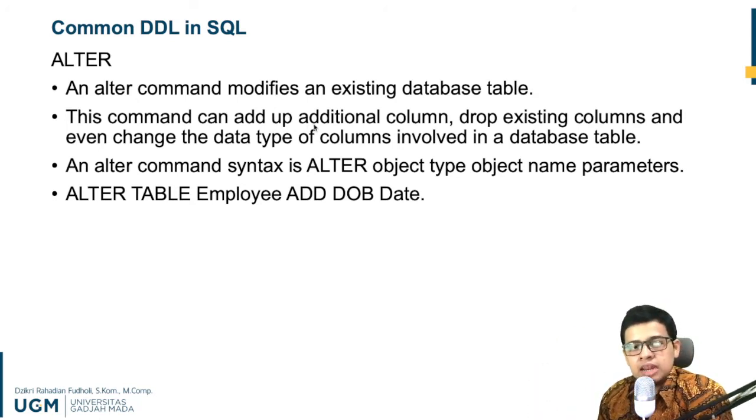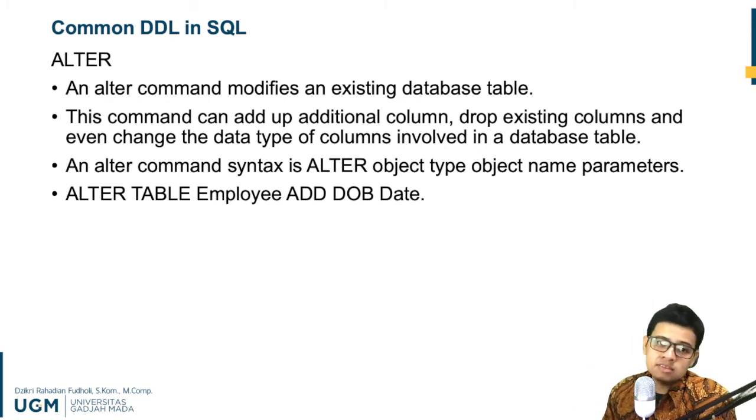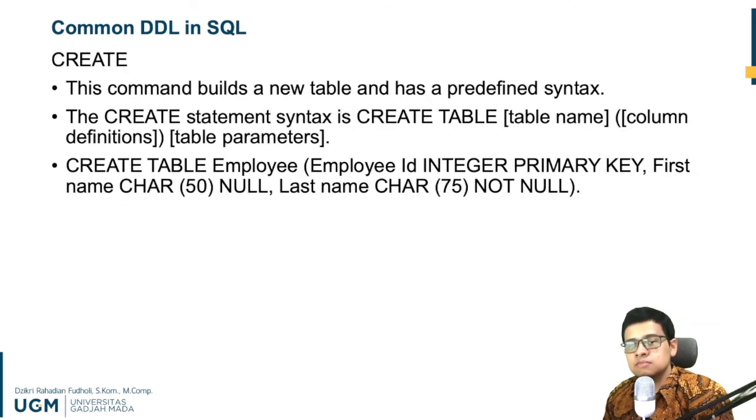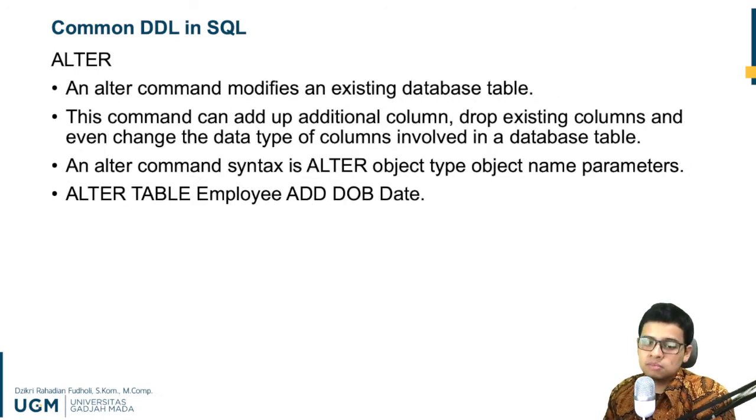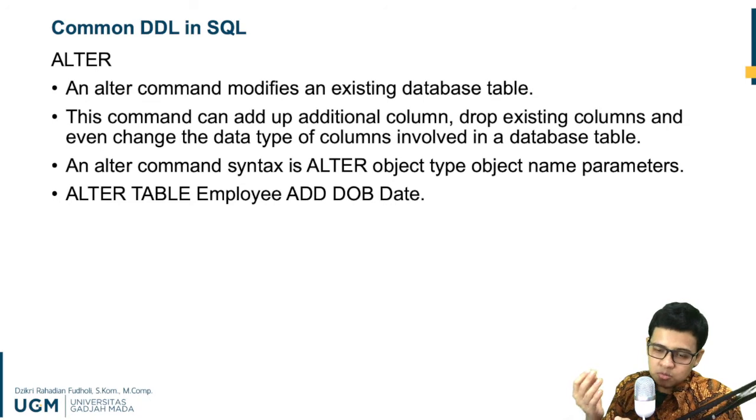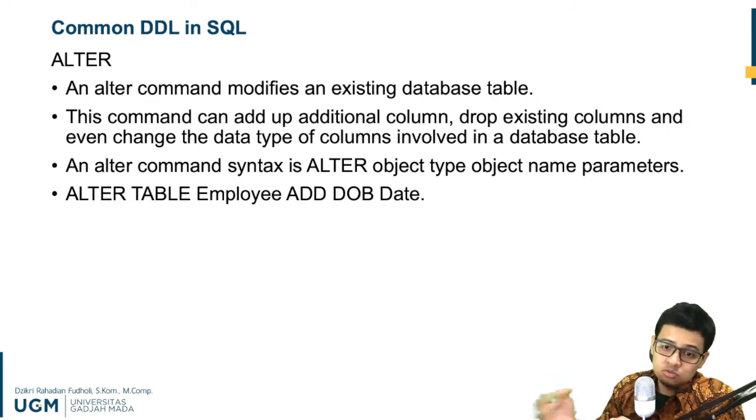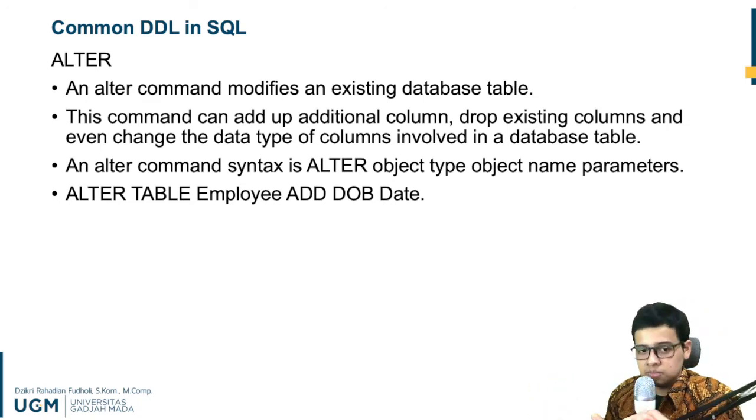This command can add additional columns, drop existing columns, so add and remove, plus and minus, and even change the data type of certain columns in a database table. So we can add, we can delete, or in this case drop, or we can change those in a database table.